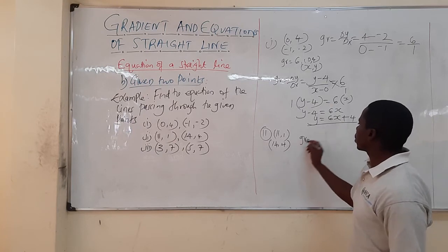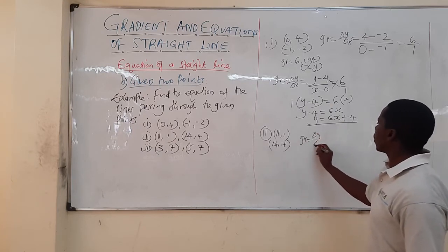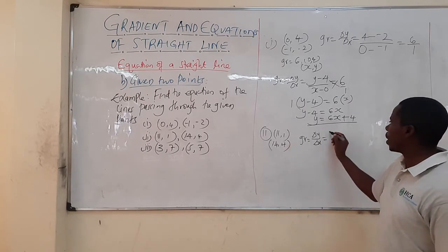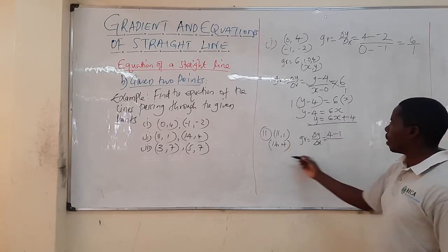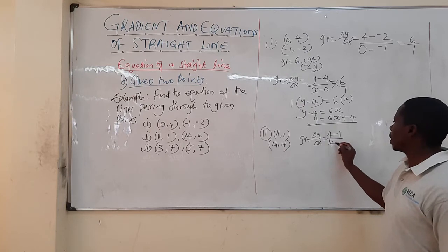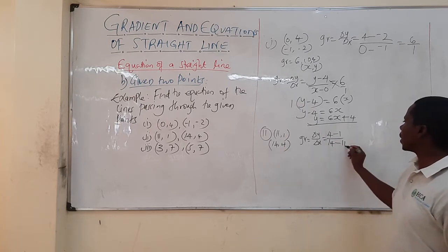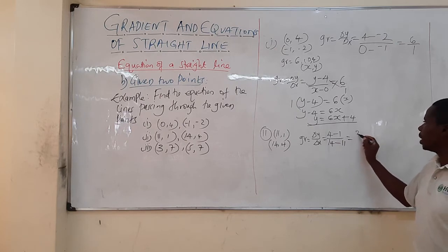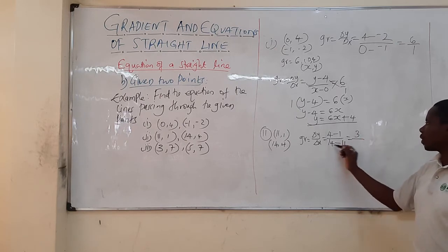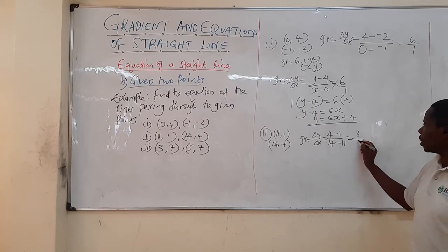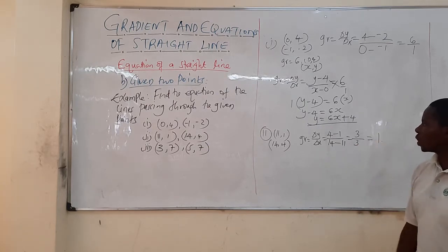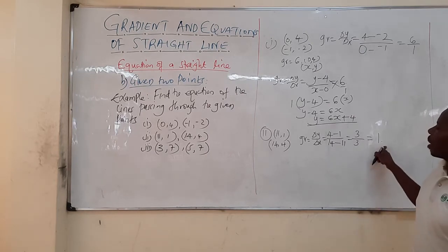So the gradient is going to be given by change in y over change in x, and change in y here can have 4 minus 1 divided by 14 minus 11. So 4 minus 1 should be 3. Then 14 minus 11 should be 3 also, and 3 over 3 is equal to 1. So our gradient is 1.